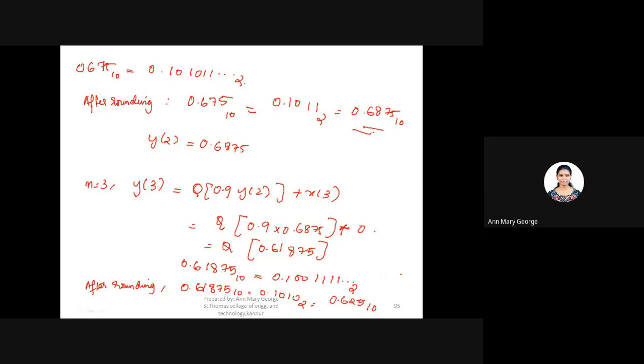Therefore, you can write y of 3 as 0.625.